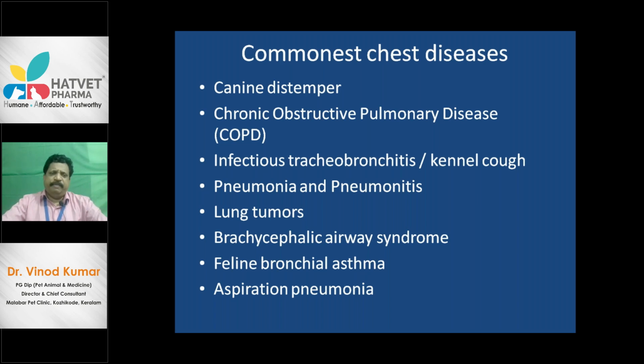Somebody will ask you, which is the best antibiotic for the lung disease or the chest disease? Of course, for the respiratory system, the best is broad spectrum penicillins. It has a good coverage of all gram positive and gram negative organisms. Staphylococcus, Pseudomonas, Corynebacterium, E. coli will be there.